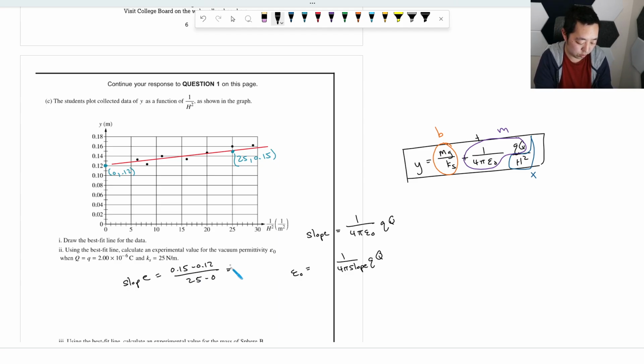I get 0.0012. And then we're going to plug it in here to find epsilon naught. So it's 1 divided by 4 divided by pi divided by that slope times the charge, which is 2e-6, and then there are 2 of them, so squared. So I get, oh my gosh, a terrible number.